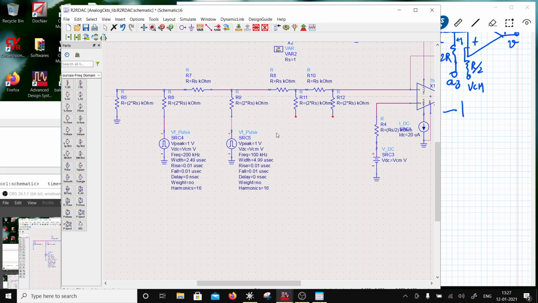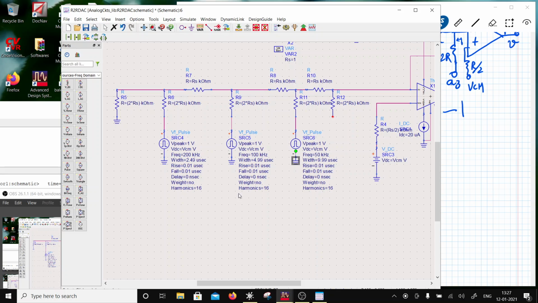Okay, the next one is going to be half of that. So let me just copy that. And over here I'll put 50 kilohertz, and this will be 9.99. Correct?